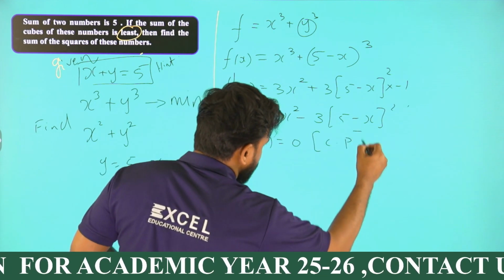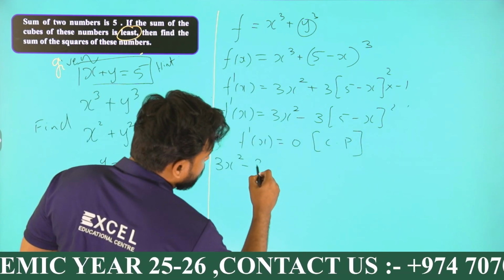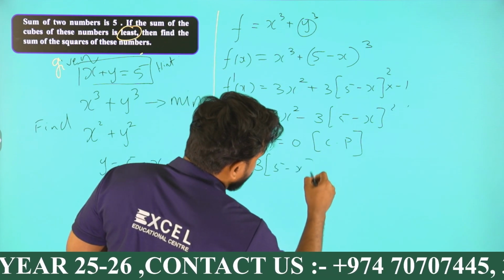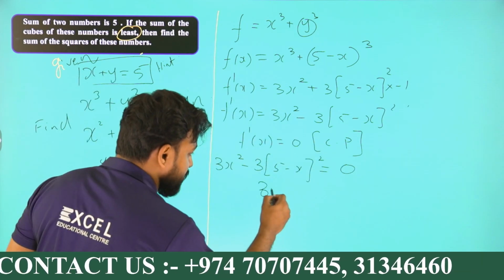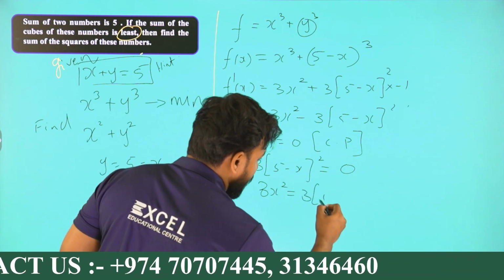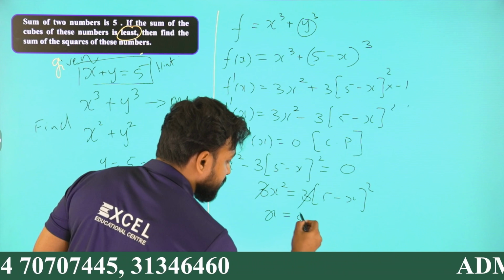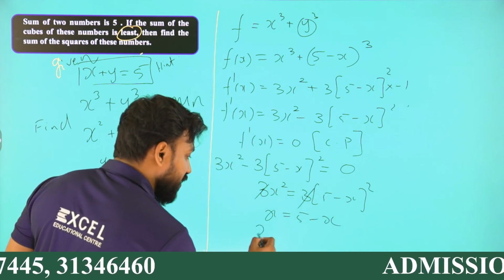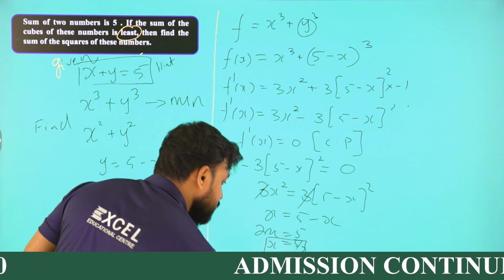It will be 3x square minus 3 times 5 minus x the whole square is equal to 0. I'm going to take the negative part to that side. You will get 3x square is equal to 3 times 5 minus x the whole square. 3 cancels. Then x equal to 5 minus x is your option. So 2x is equal to 5, and x is equal to 5 by 2. That is your critical point.